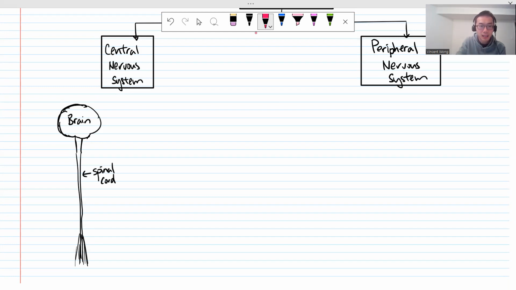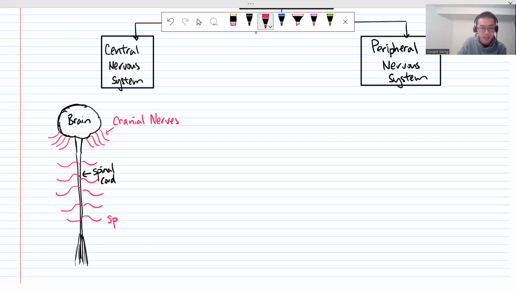And then coming out directly from the brain, not exactly the way I'm drawing it here, we have these nerves, a bundle of axons. These are called cranial nerves. And coming out from the spinal cord, we have other nerves.